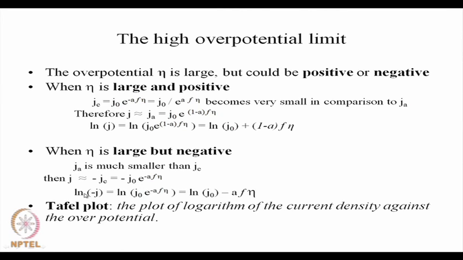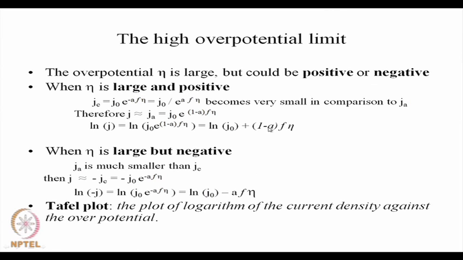If you again take ln, you will be getting ln of minus J. Taking a negative sign means it is not a logarithm of a negative quantity, but basically ln j. So, ln j is equal to ln j0 minus A f eta.